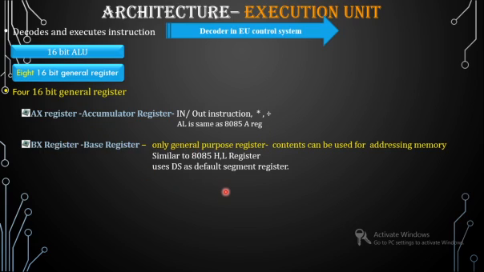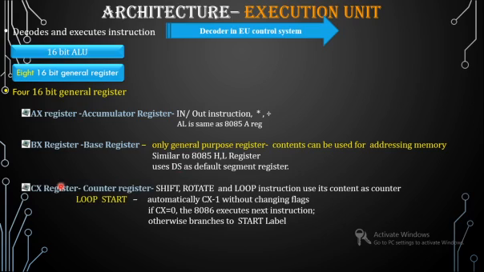It is similar to the H and L register in 8085, and it uses the data segment register as the default segment register. Earlier we mentioned that in order to reach a memory location, we require 2 registers to be added up: one is the segment register and the other is the offset. So whenever the base register is used as an offset, it will be added with the default segment register, which is the data segment register.